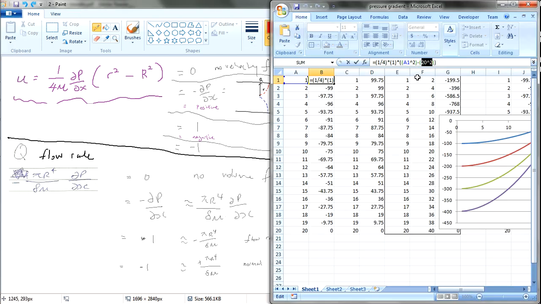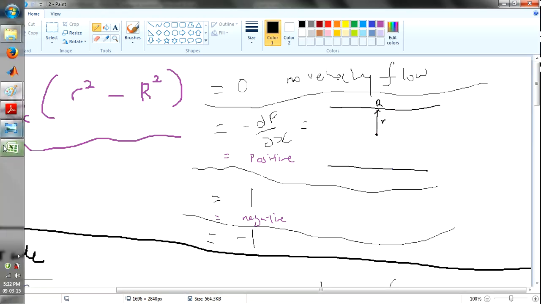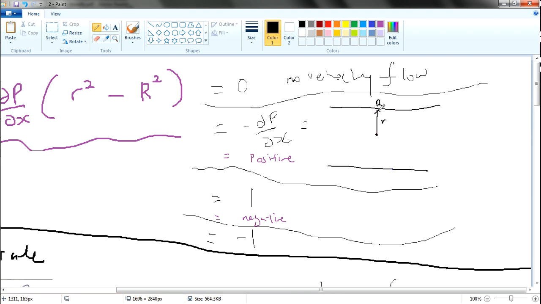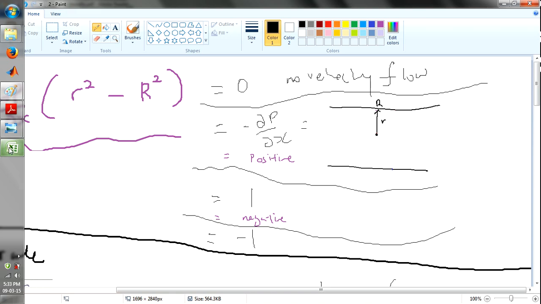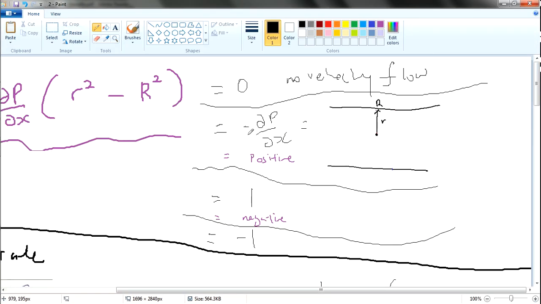So if my pressure gradient is negative, what does this mean? In fact, this picture is actually wrong. But anyway, the r and the R are still the same. The explanation is still the same, just that what I drew over here is wrong. So if I have the negative pressure gradient, I also know that this will be negative in any case. Why do I say so? Because if r is going in this direction, if it's minus r, if you square it, it is still r squared, right?